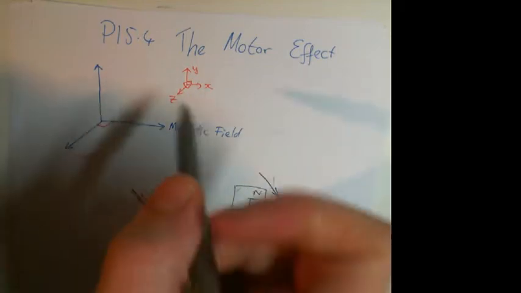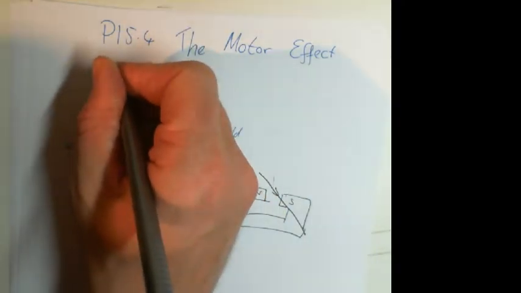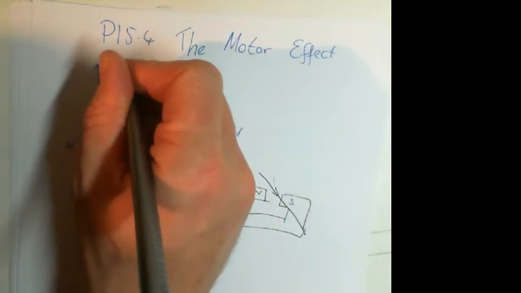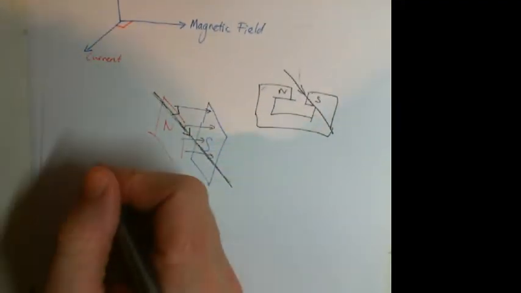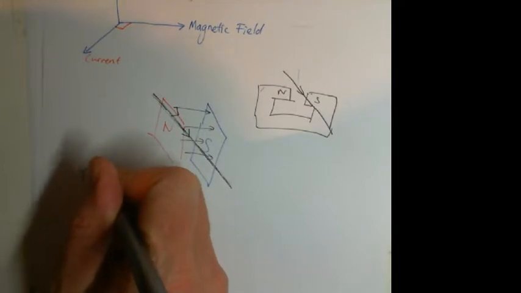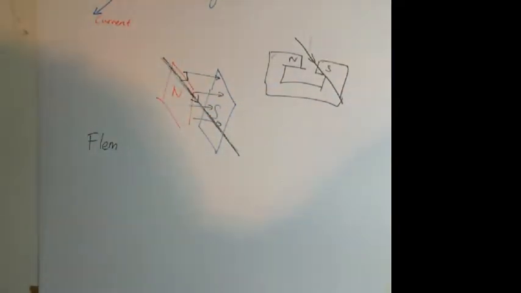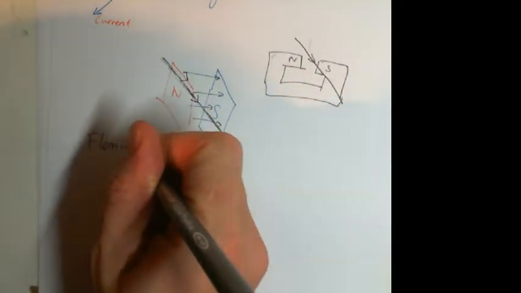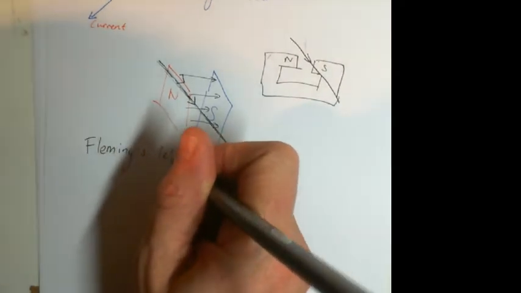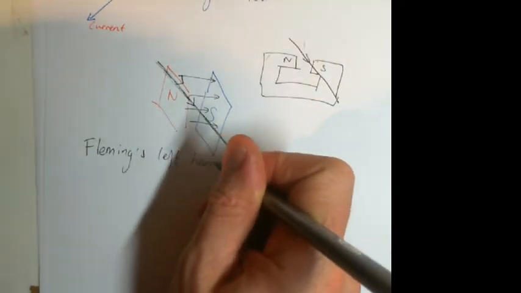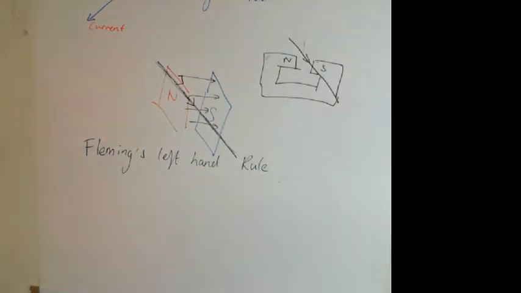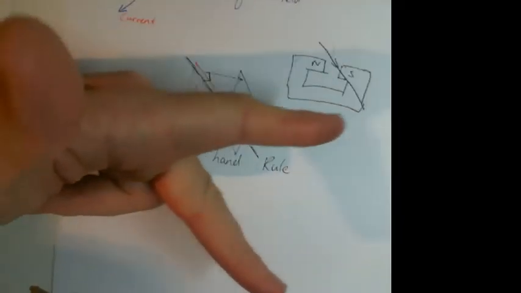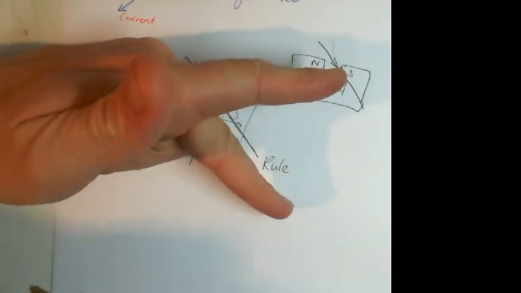So this one is motion, and this one is known as Fleming's left hand rule, and I'll show you why in a second. Basically, if you take your left hand, it has to be your left hand because we're talking about current.